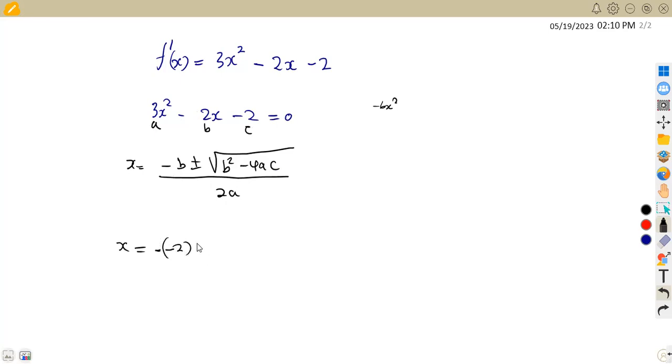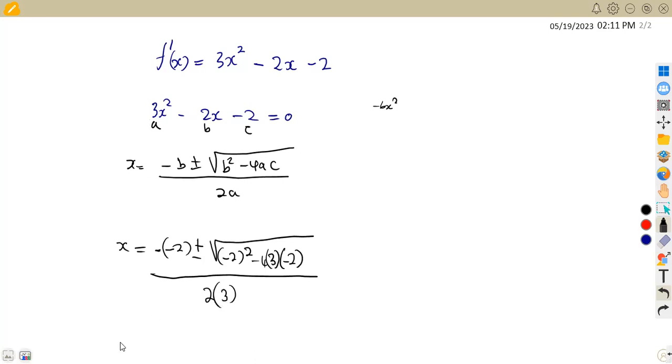So here we are going to have plus 2 plus or minus the square root of b squared, our b, that is negative 2 squared, minus 4ac, so that's minus 4 times a, which is 3, times c. Our c is the constant here, which is negative 2. Everything from this part is going to be divided by 2 times a, of which our a is 3.